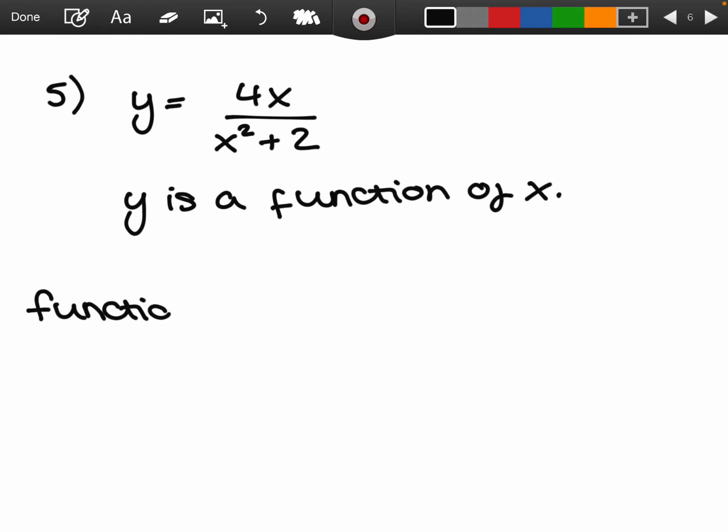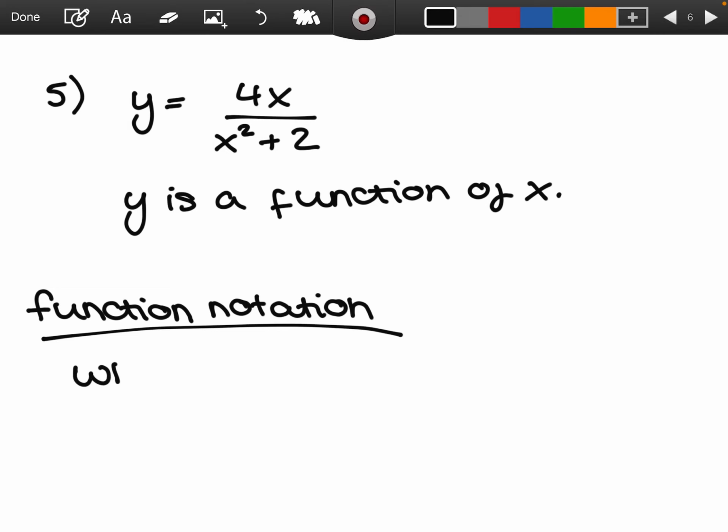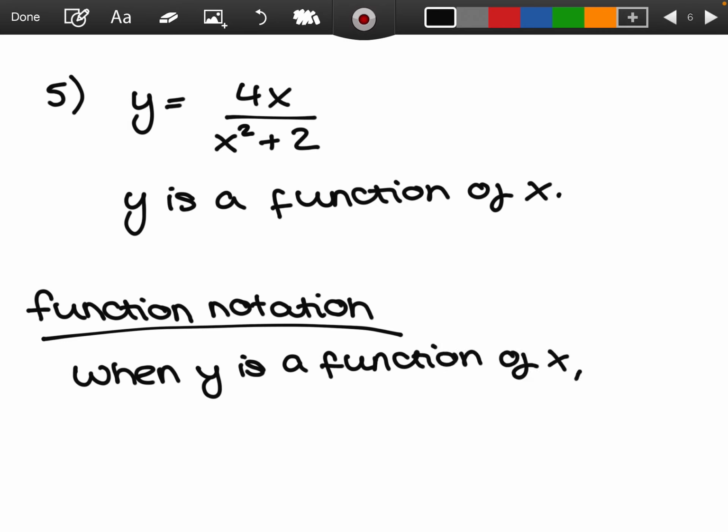That tells me because y is a function of x, we can actually use function notation. So when y is a function of x, we can instead denote it as f of x, a function of x.